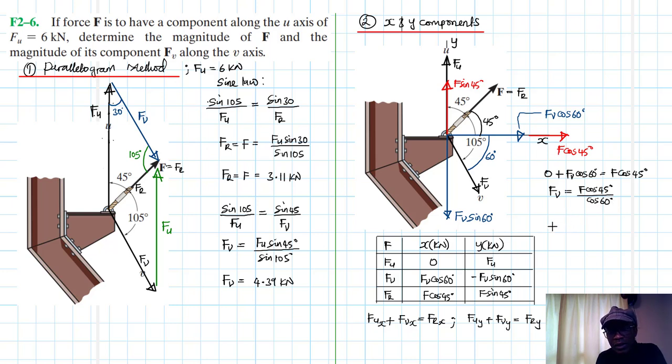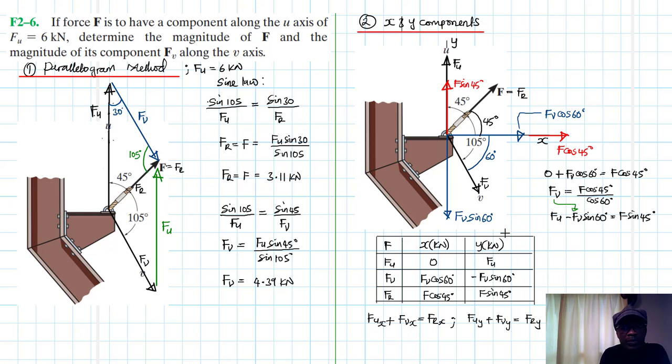Then the other equation, using this equation, we have Fu minus Fv sine 60 is equal to F sine 45. Then we are going to plug in this equation here.